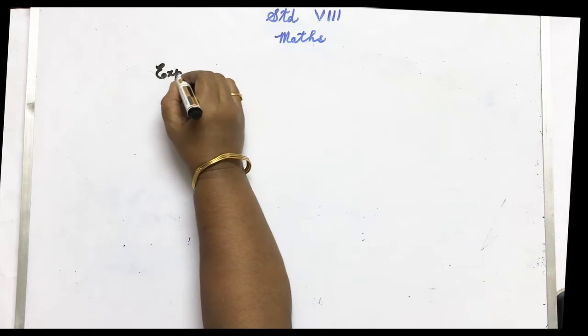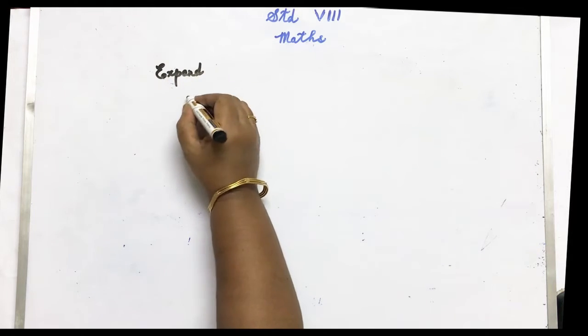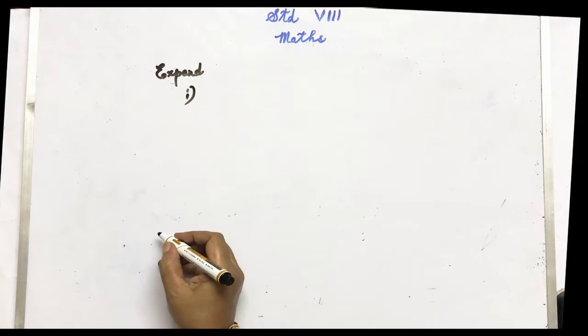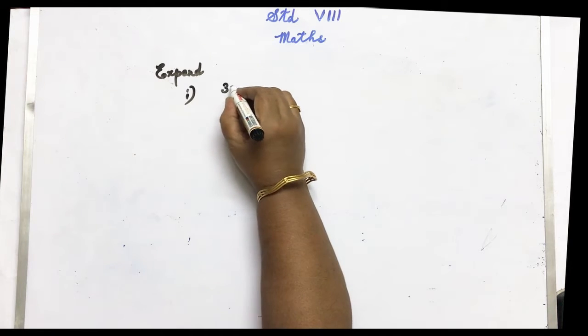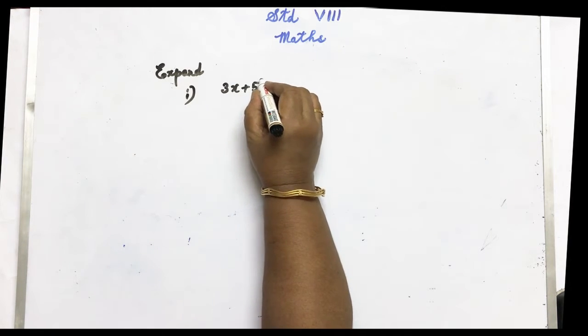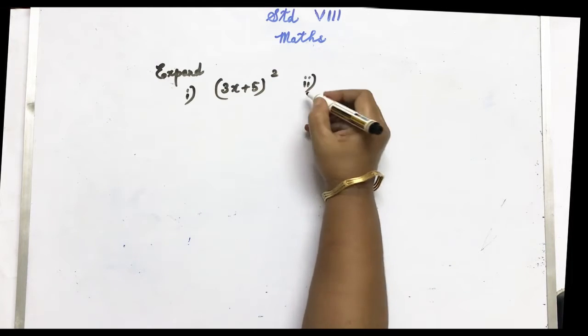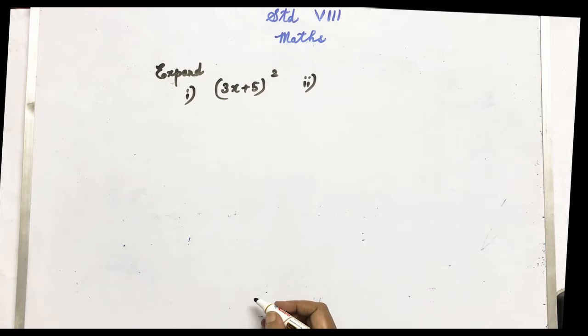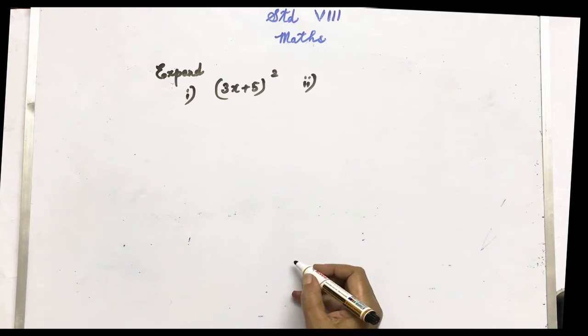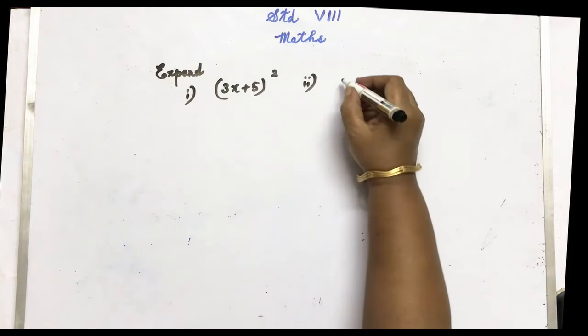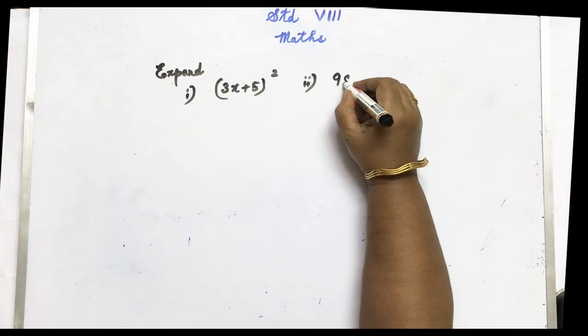Now expand. First sum is (3x plus 5) whole squared. Second sum is 98 squared.